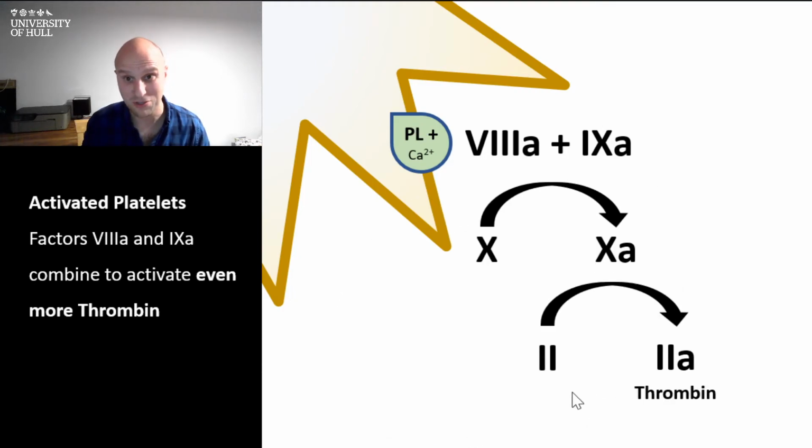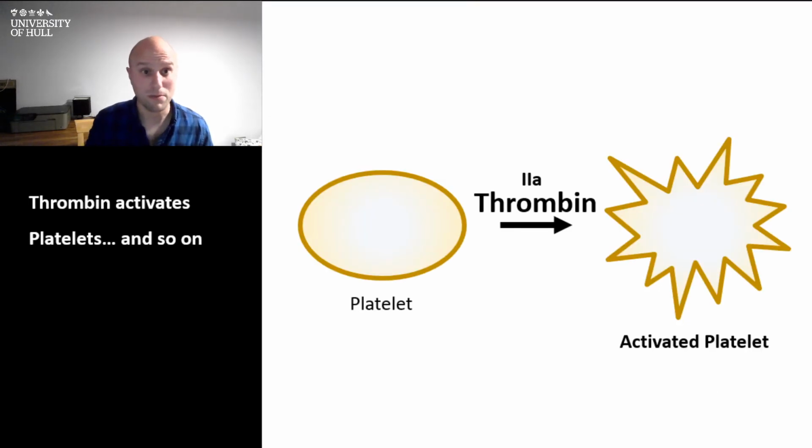And more thrombin is produced if we look at a different set, or pair rather, of clotting factors. So thrombin will set in motion a lot of different reactions which then give us more thrombin. And we need loads of thrombin because we're going to use loads of fibrin to make those clots.